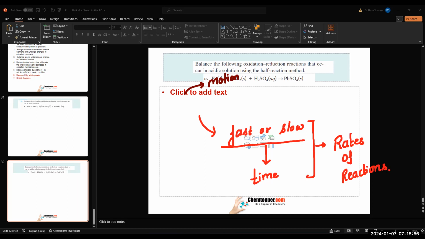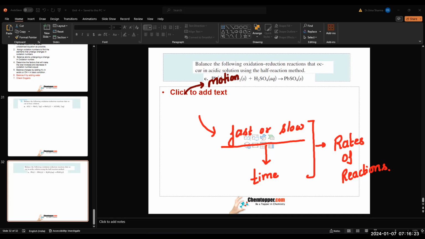So the topic kinetics is dealing with rates of reaction: why this reaction is fast, why this reaction is slow, and what happens if I increase the concentration, what happens if I increase the temperature factors. So all these things we are going to do: rate laws, integrated rate laws, mechanisms of the reactions, elementary steps, activation energy.